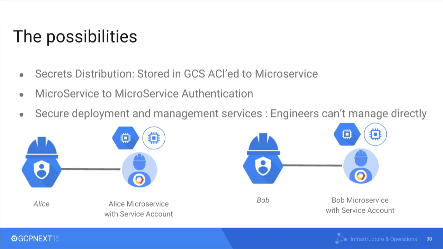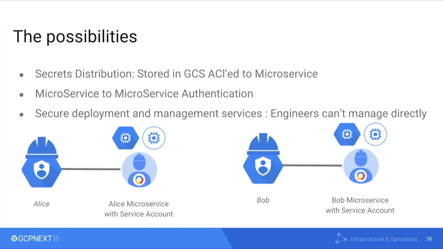It gets pretty messy. So imagine this scenario where Alice has her own microservice, Bob has his own microservice. Only Alice can deploy code to her microservice fleet, and Bob can deploy to his. So the only persons that can actually deploy to it are the owners of the service account. What this allows you to do, for example, is that each microservice could have its own bootstrapping secrets or its own encryption keys or data encryption keys.